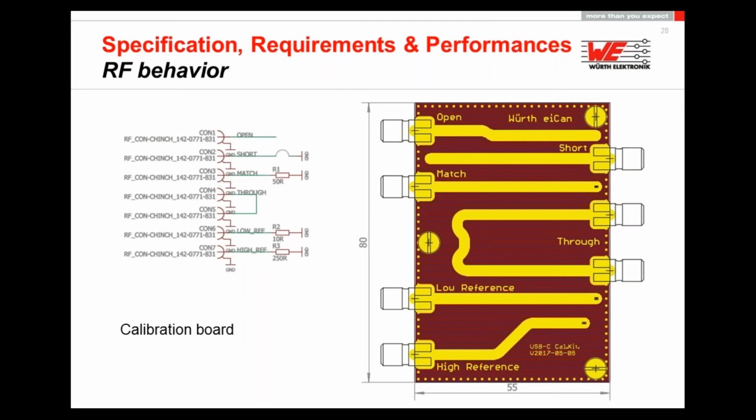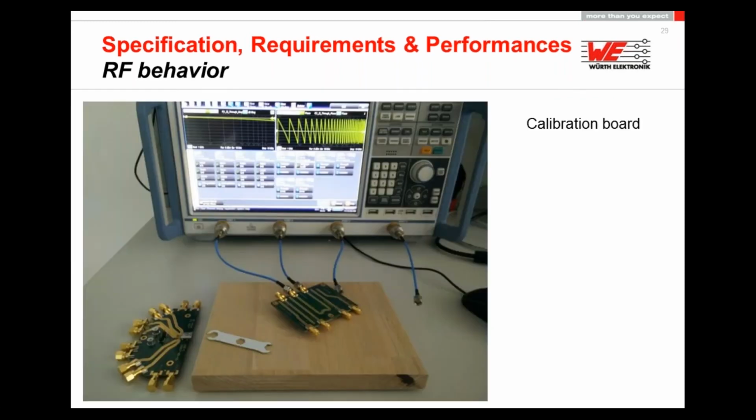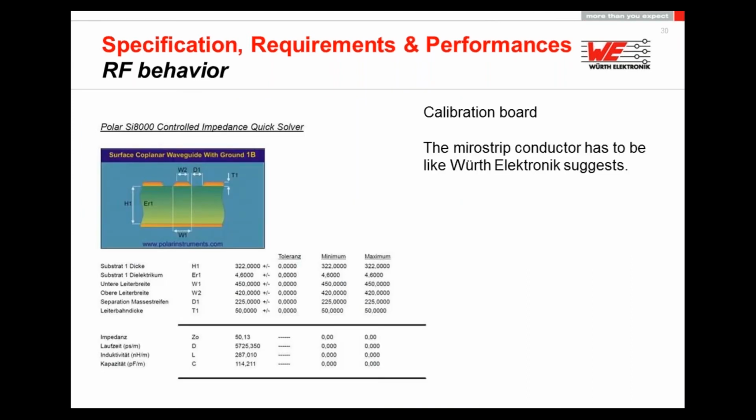To be able to do that, what do we have to do? We have to use a calibration board so that we can move the zero line in such a way that we don't measure the test equipment together. So that is what we have to do first.